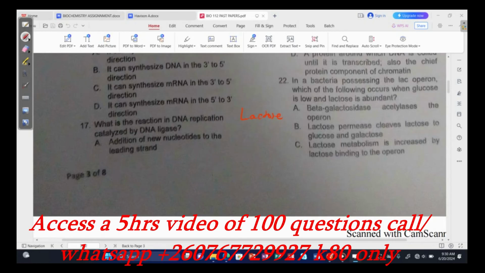Then B is saying lactose permease cleaves lactose to glucose and galactose. So lactose permease is a membrane-bound protein which is produced by a gene like Y. Its function is to allow lactose to get from the medium into the cell of a bacteria.